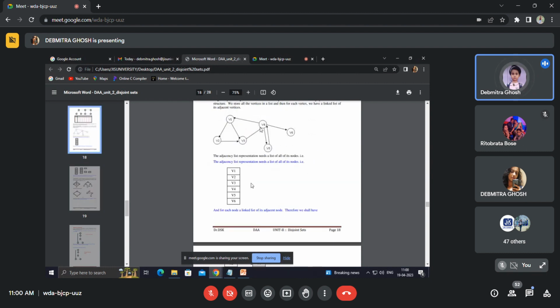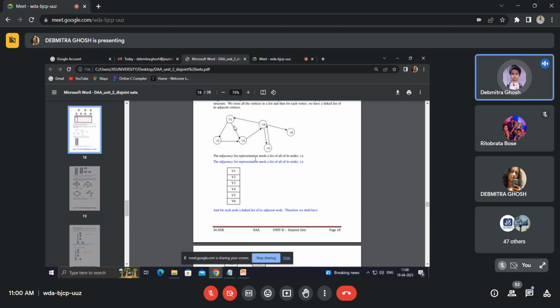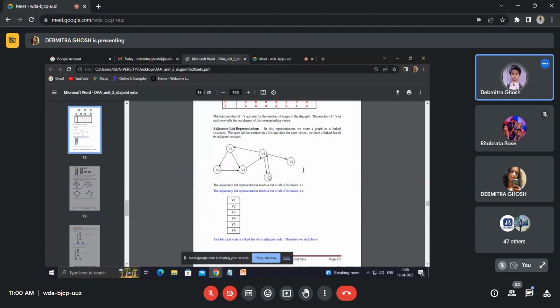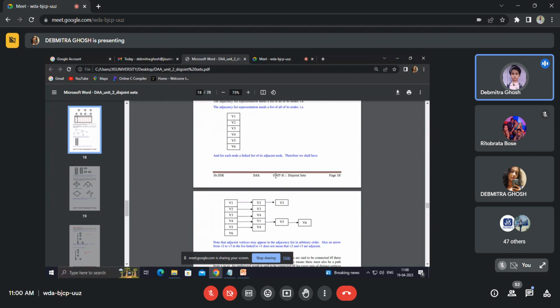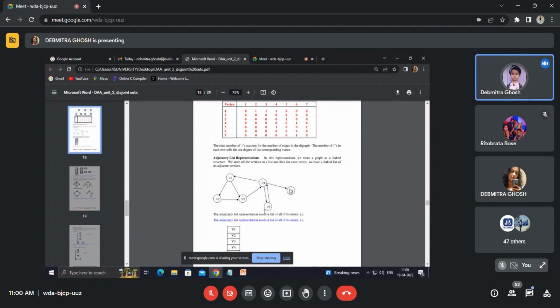From V4 you can go to V1, and also to V5 and V6. From V5 you can go to V4. And finally you have V6, which is not connected to anyone, only V4.